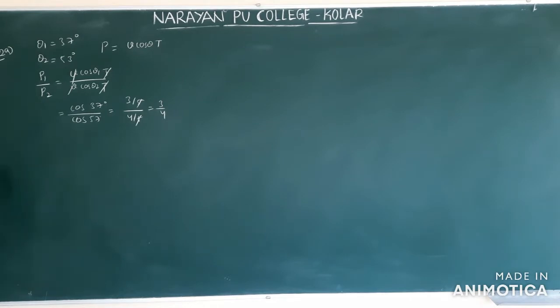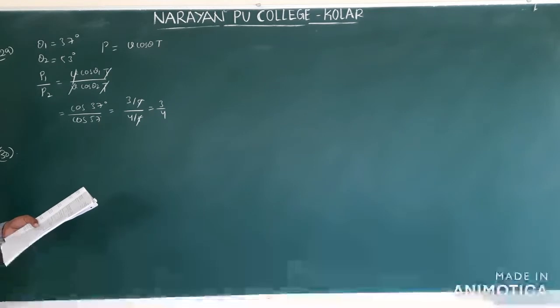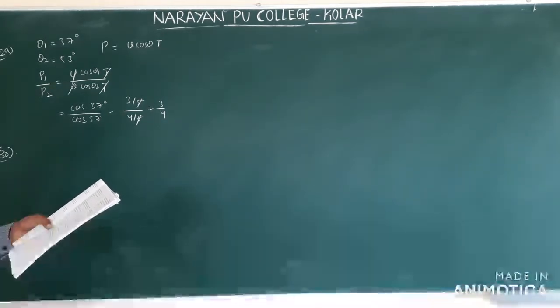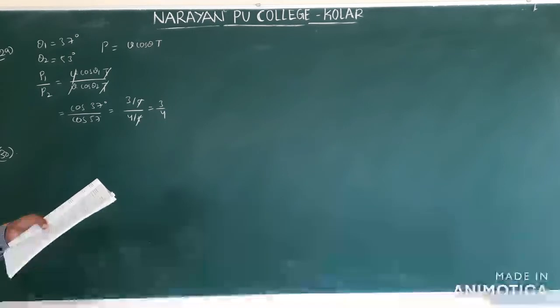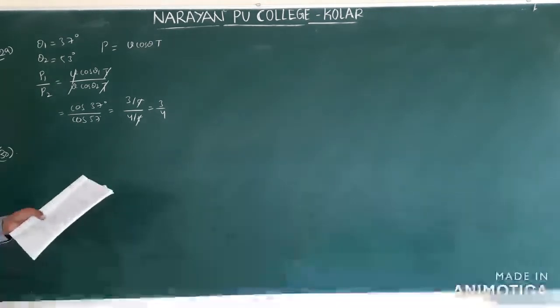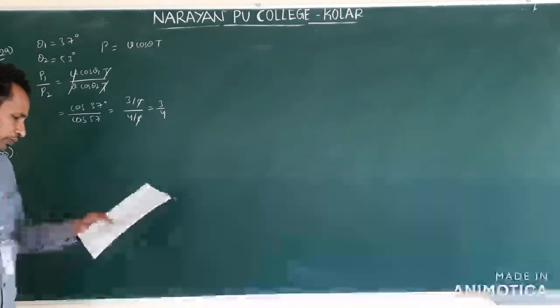Next, 30. A charged particle moves along a circle under the action of possible uniform and steady electric and magnetic fields. Which of the following is possible?